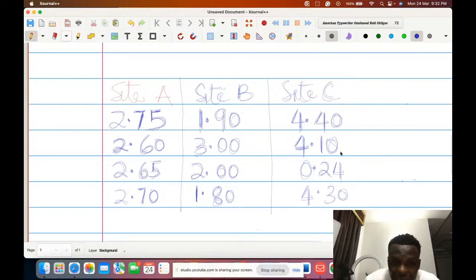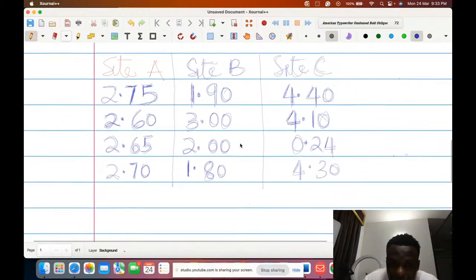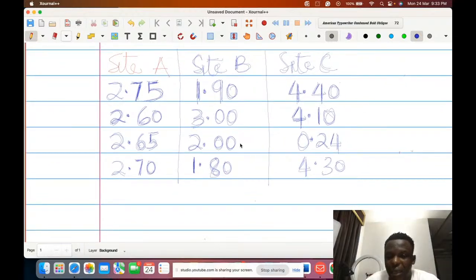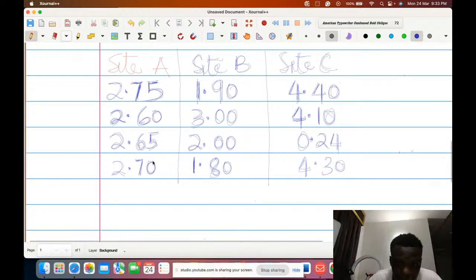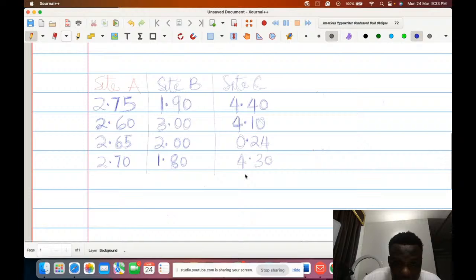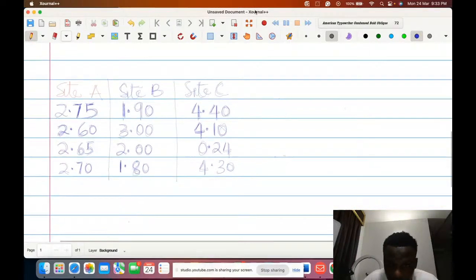But I realized that they did not really ask a particular part that year, but this is a common part that they normally ask, which is: we have three types of errors. The three types of errors are the determinate error, the indeterminate error, and the gross error.